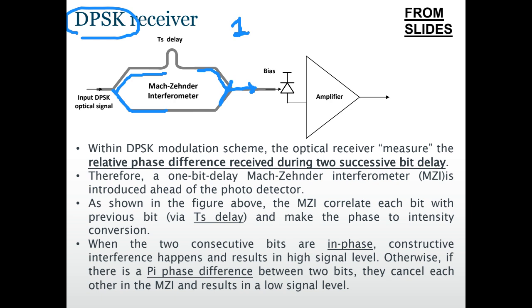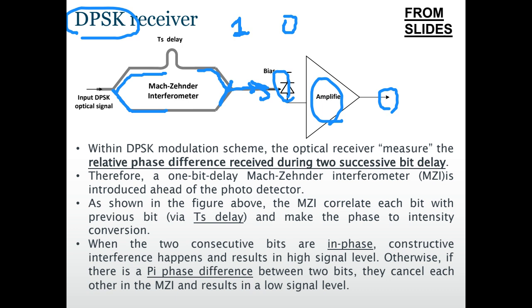Okay, so we output the interfered signal into photodetector. So normally we have photodetector and then amplifier, and then make decision based on the intensity. So that's an explanation. Basically, your answer does not need to go any further than the slides.